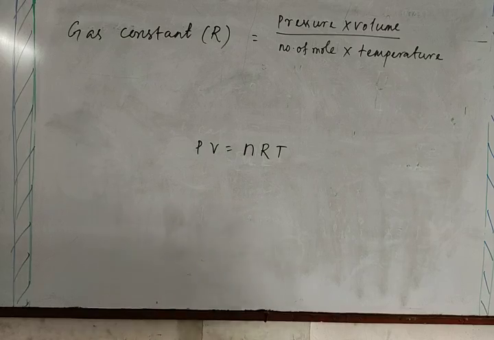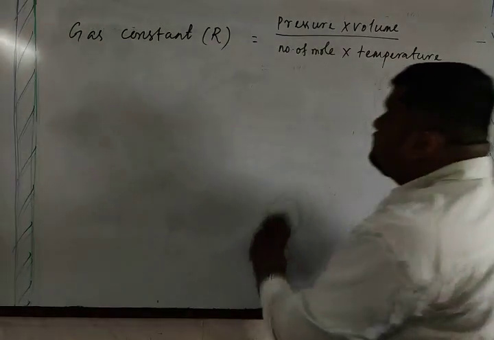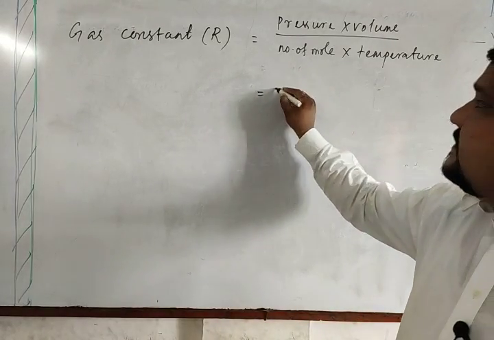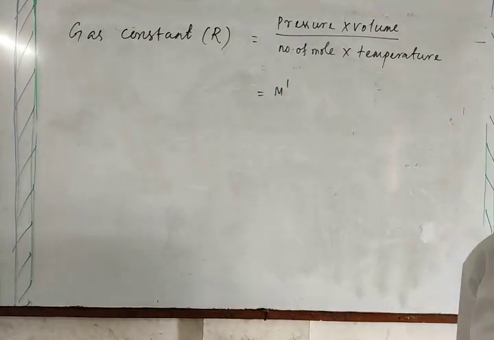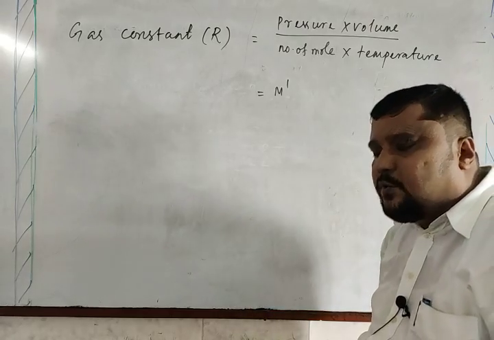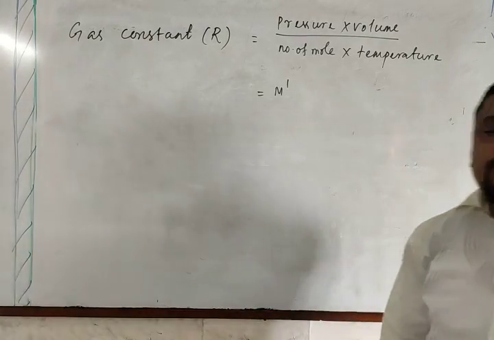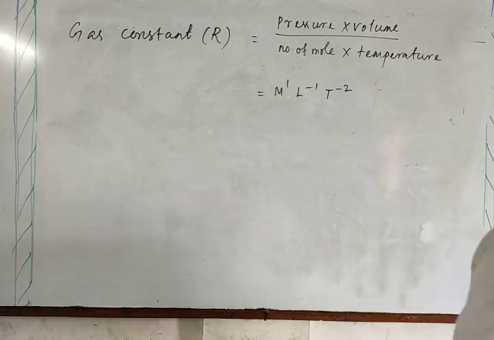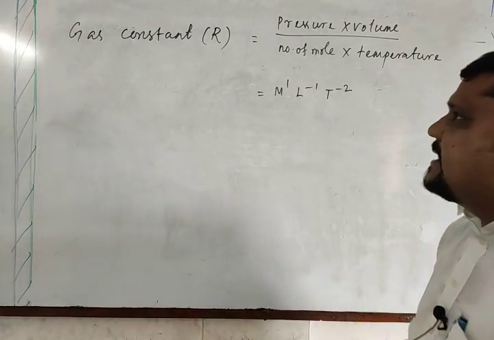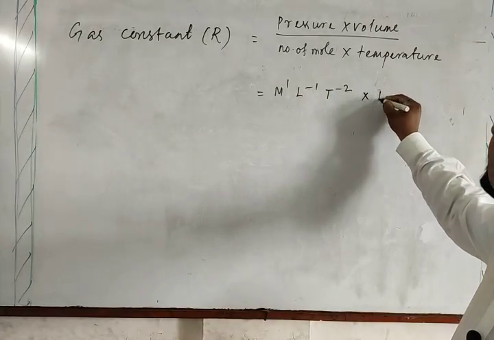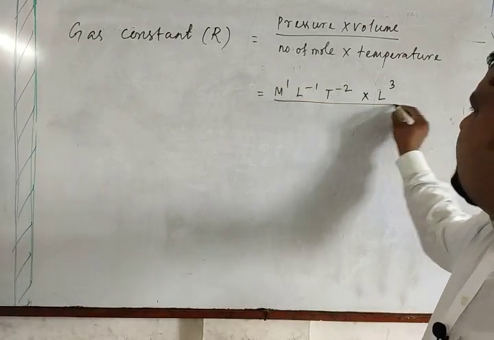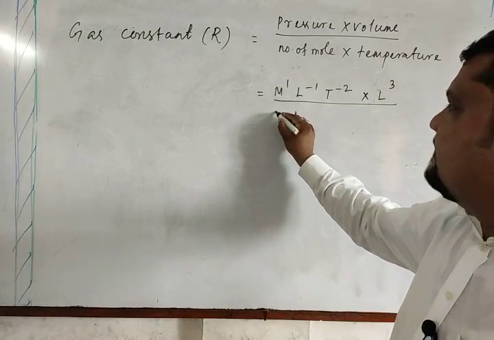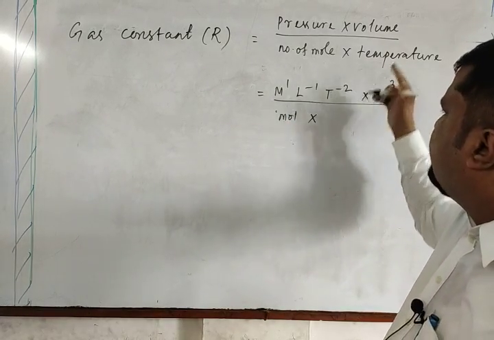If you put the values, pressure and volume: pressure is force per area, which is M1 L minus 1 T minus 2, and volume is L3. Number of moles is already a fundamental physical quantity in SI, so I will take it as mole into temperature.